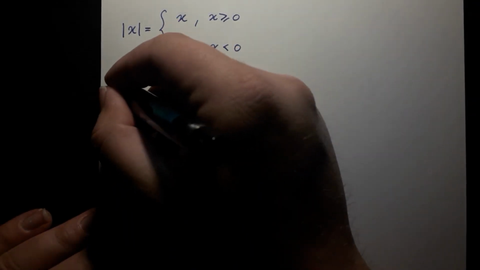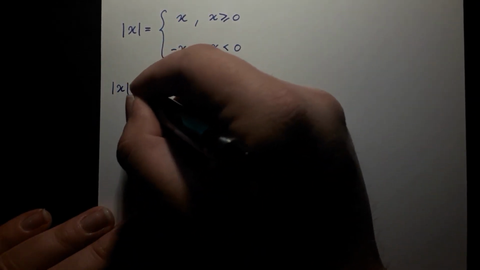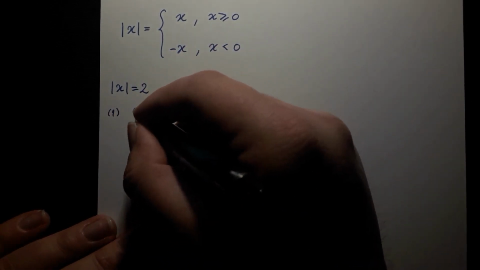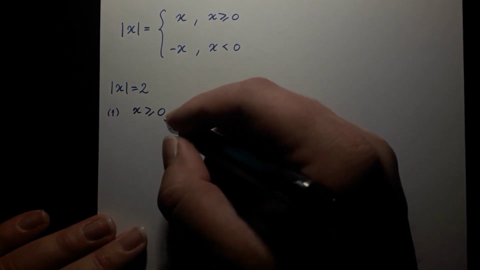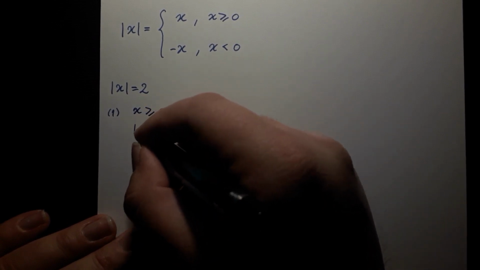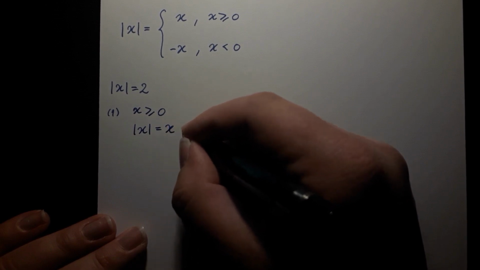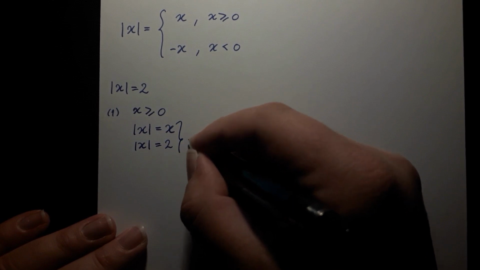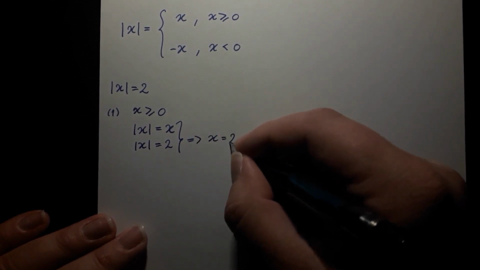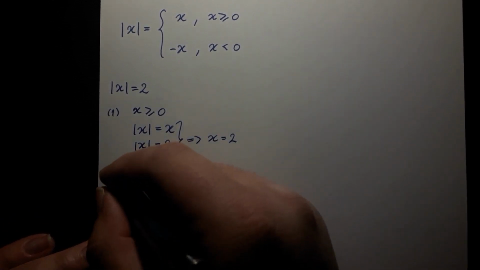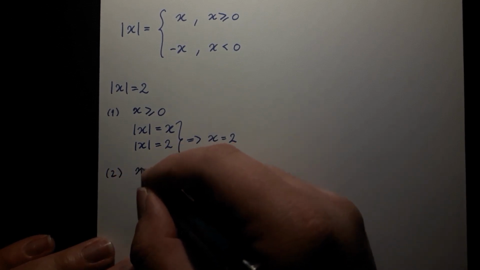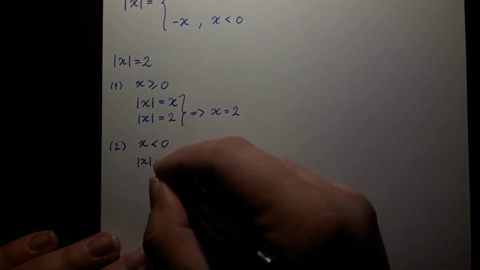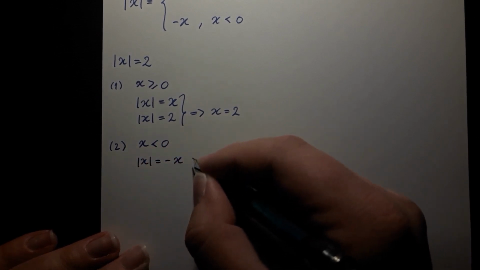We previously got that the absolute value of x is equal to 2. Now our first case is for x larger or equal to 0. In this case, we know that the absolute value of x is equal to x, and because the absolute value of x is equal to 2, we get that x is equal to 2. In the second case, for x smaller than 0, we know that the absolute value of x is equal to negative x.